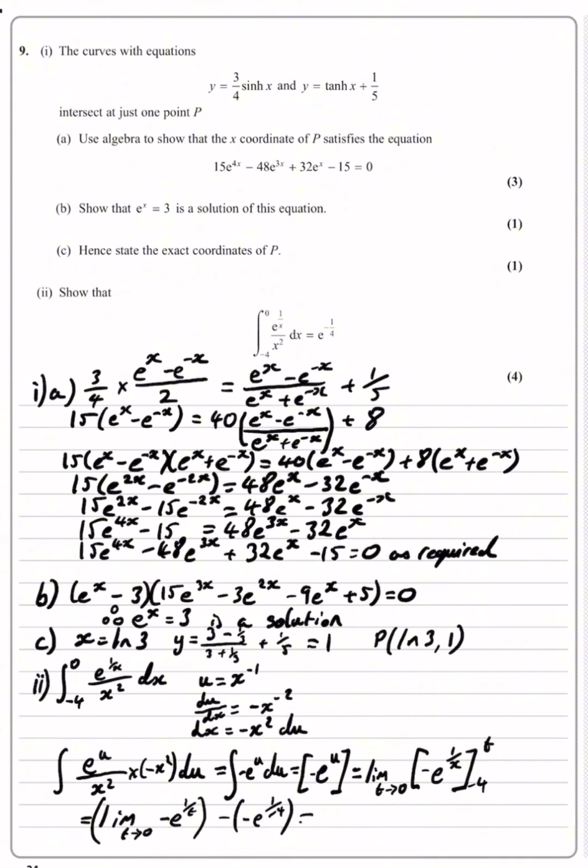So the limit as t tends to 0 from the negative side of minus e to the 1 over t will be 0. Plugging negative 4 in is straightforward, just minus e to the minus a quarter. So we get 0 subtract negative e to the negative a quarter, which is e to the negative a quarter, which is what the question wanted.